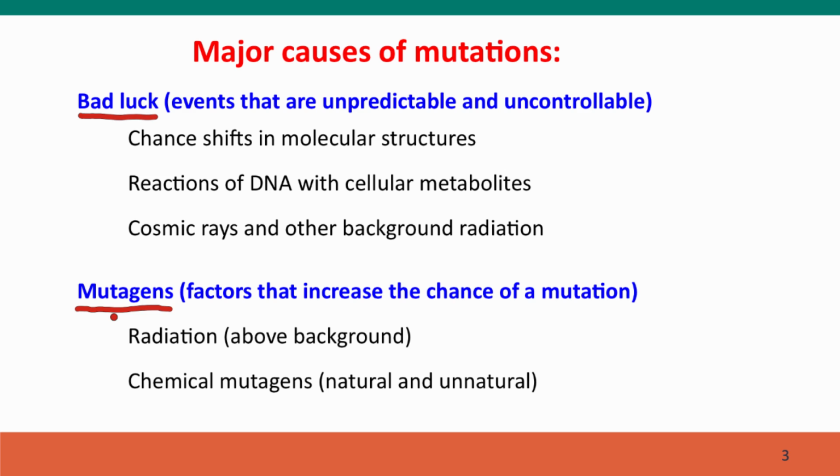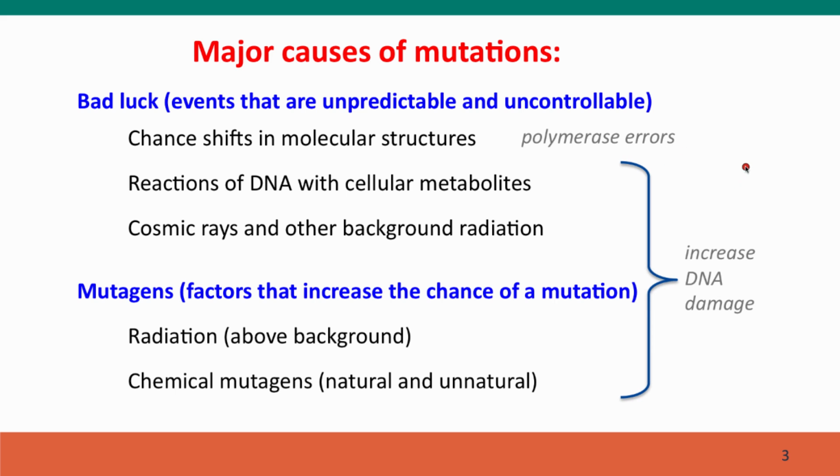In contrast, mutagens are factors that increase the chance of a mutation above the background caused by bad luck. And this includes primarily radiation, above background radiation, and chemical mutagens, chemicals that we're not necessarily constantly exposed to, but they may be natural chemicals or unnatural ones. Now, the first of these, the chance shifts in molecular structures, is the kind of event that causes polymerase errors.